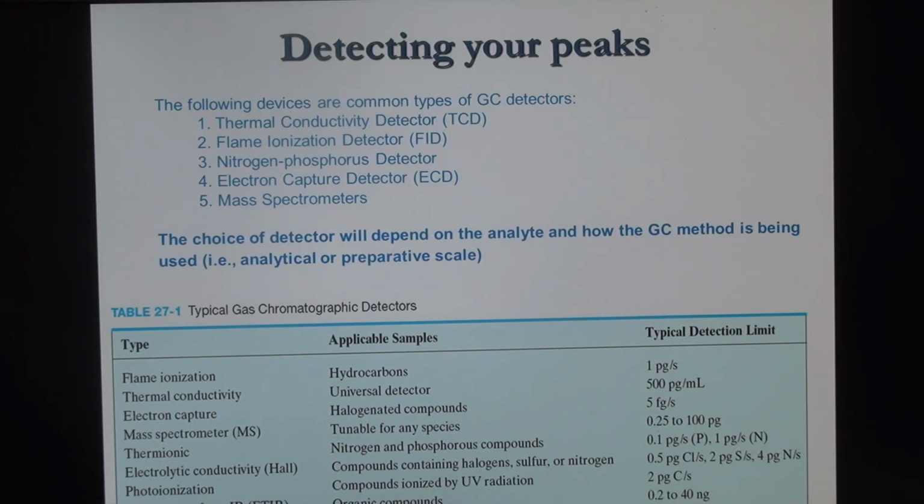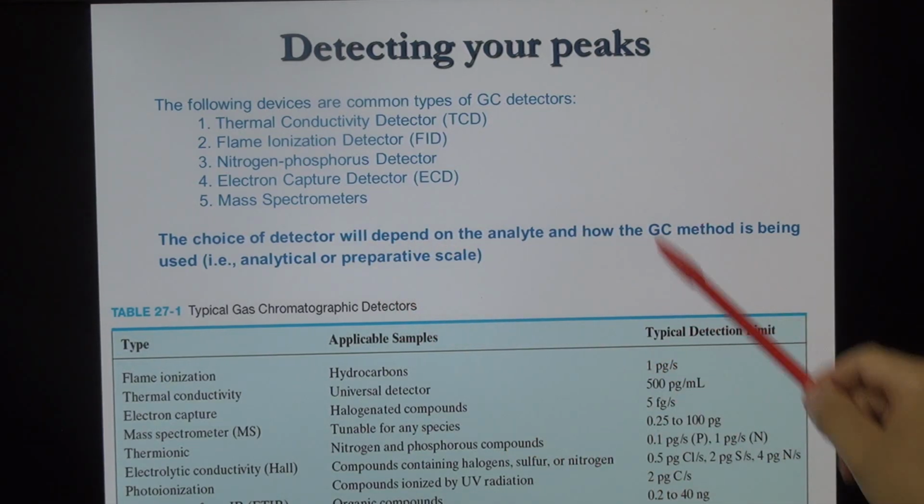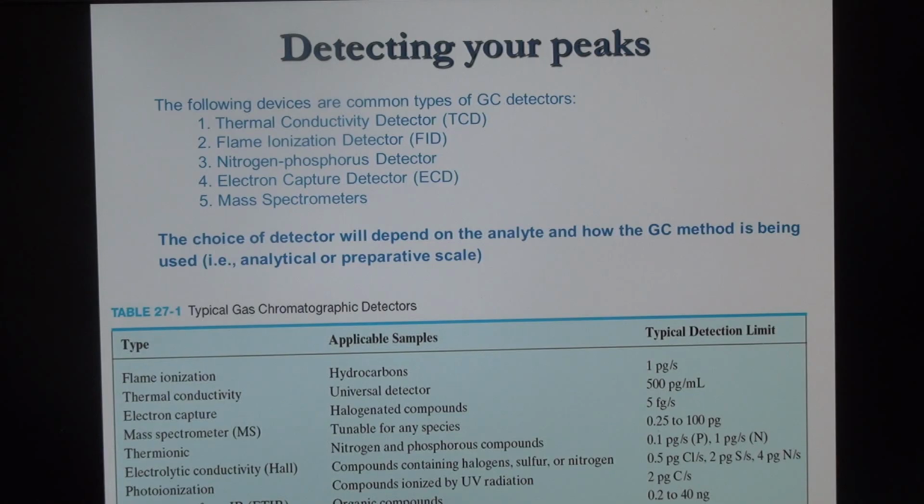Okay, so the choice of detector basically depends on the kinds of samples that you need to separate and measure. So let's see each of these detectors in more detail. Their basic operating principle and how they look.